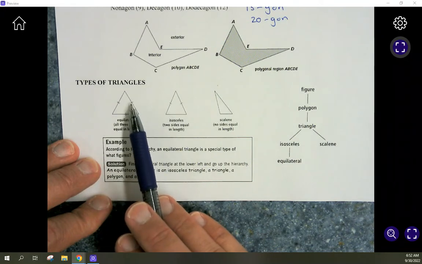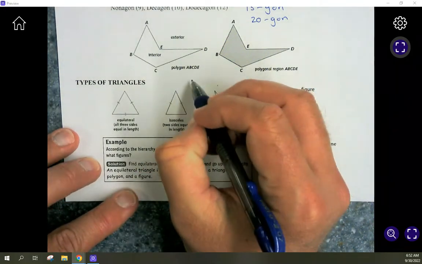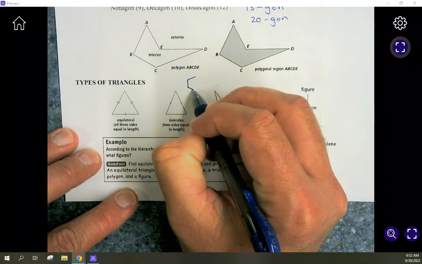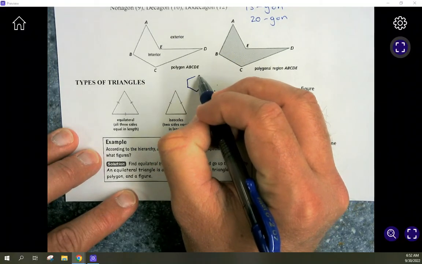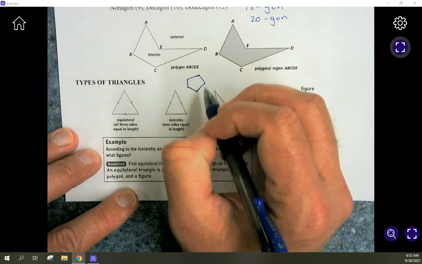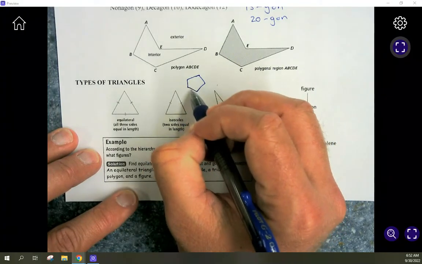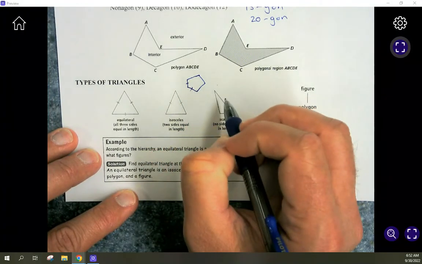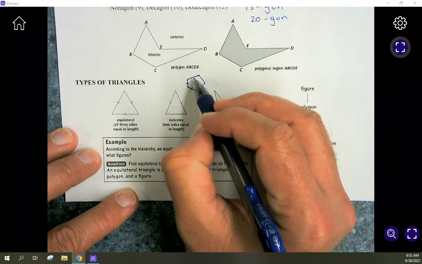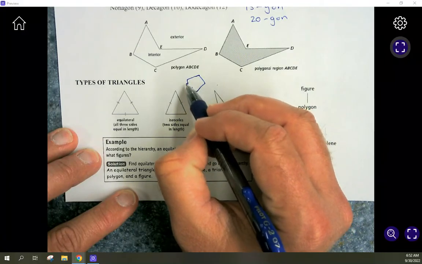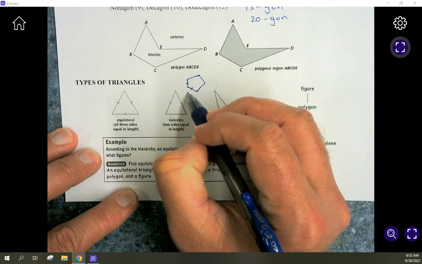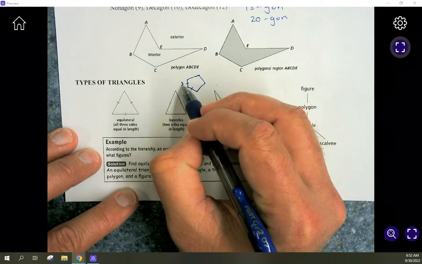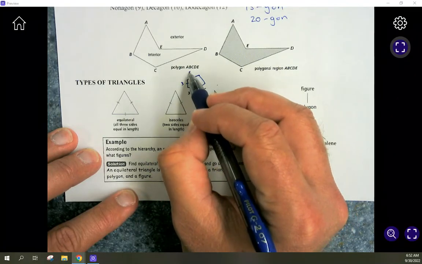So if we had a bigger shape, let's just connect it like that. Let's say these two sides were equal. It might be marked like this. Well, if these two sides over here were equal, but they're not equal to these ones, so let's say this was 3 and 3. Let's say these both were 5.